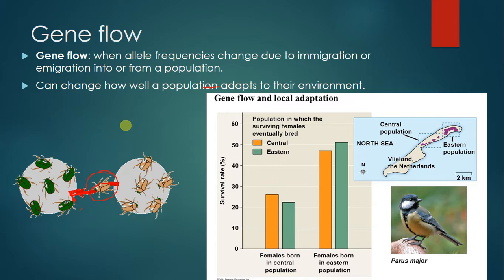For example, here is how gene flow has worked on a local population in the North Sea. These are populations in which the surviving females eventually breed.